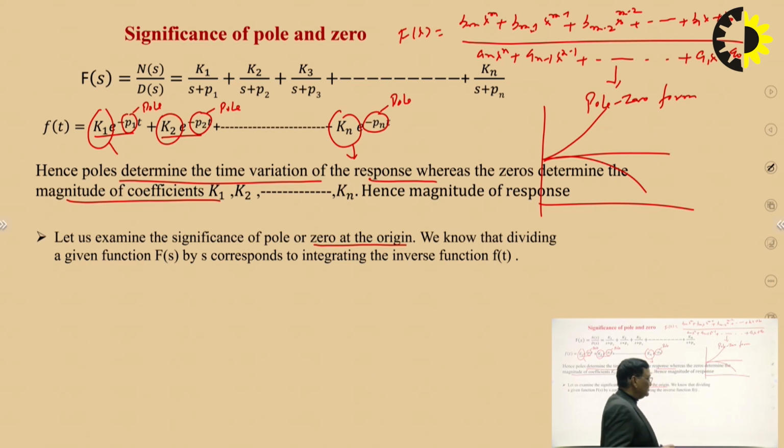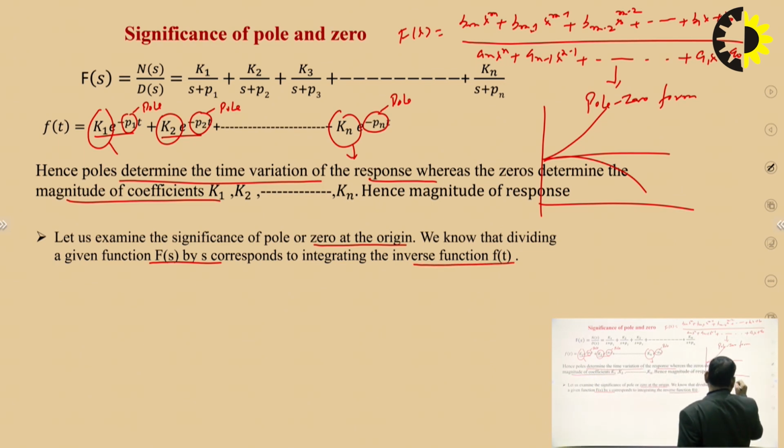So let us examine the significance of pole and zero at the origin. If a pole is present at the origin, we know that dividing a given function F(s) by s corresponds to integrating the inverse f(t). In an earlier lecture we defined 1 by s as an integrator. So how will we get 1 by s?